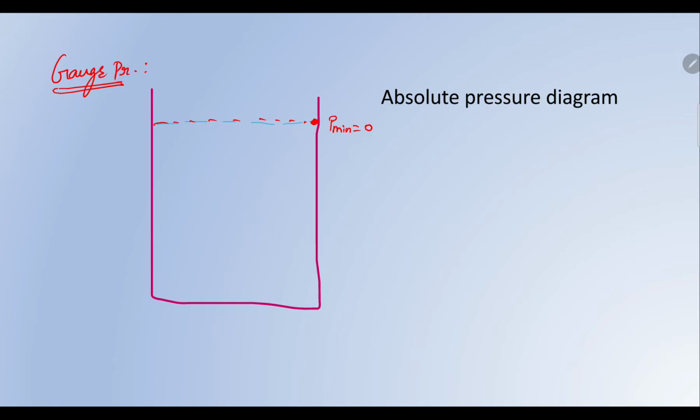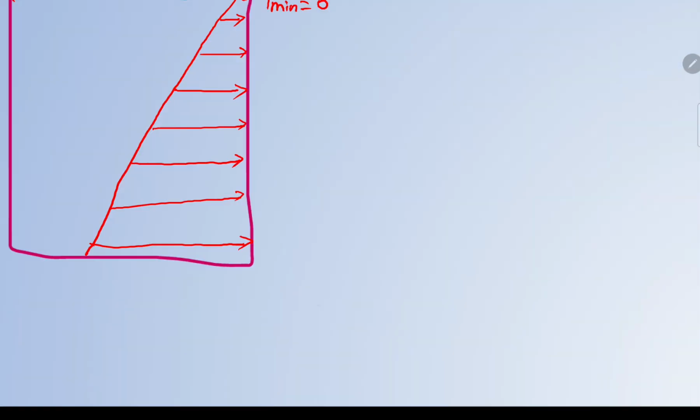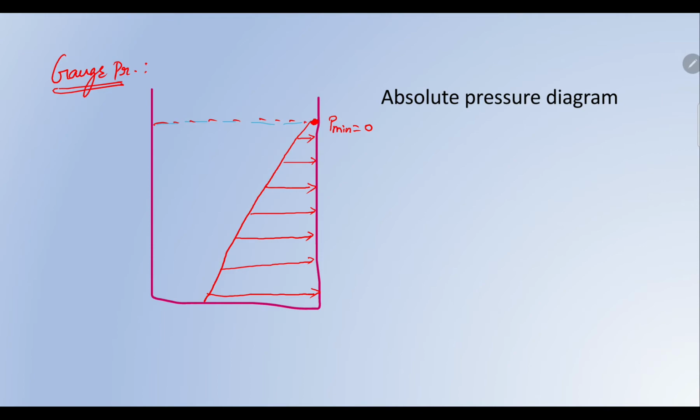And then what is going to happen? The pressure is going to increase. The length of the arrows indicate the amount of pressure. It is going to be very high. So if I draw, it's going to be like this, and this is going to be at the end, the P maximum.